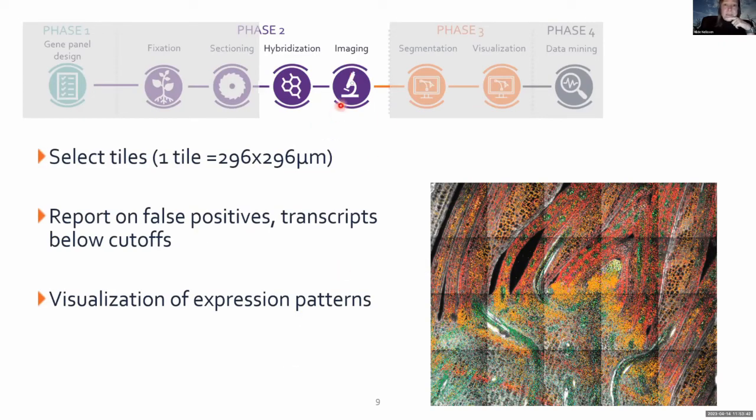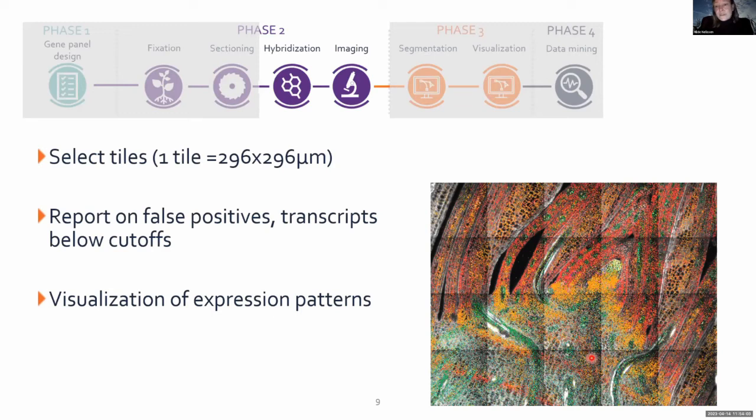They then do the hybridization and the imaging, and afterwards they send you a report on false positives, and they also already look at transcripts which are actually below certain cutoffs. And what they also give you then is a visualization of the expression patterns. That's pretty much what you see here.